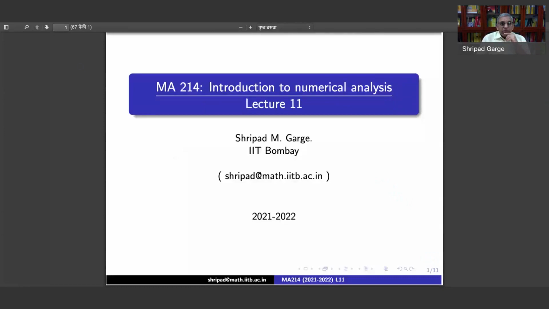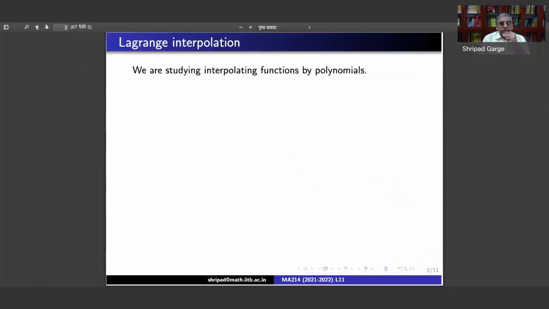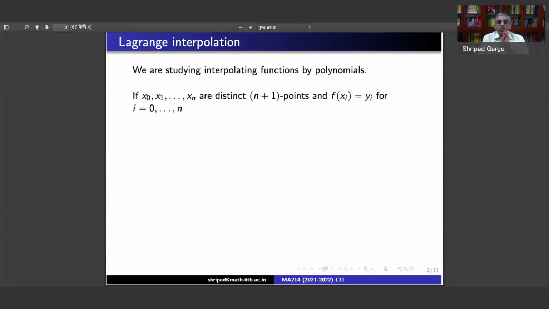All right, so let's recall what we mean by this Lagrange interpolation. Whenever you have n plus 1 distinct points, it is important that these n plus 1 points be distinct, and their values are specified: f of x0 is y0, f of x1 is y1, f of x2 is y2, and so on, f of xn is yn.